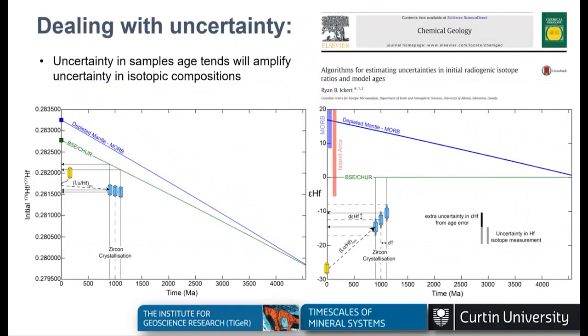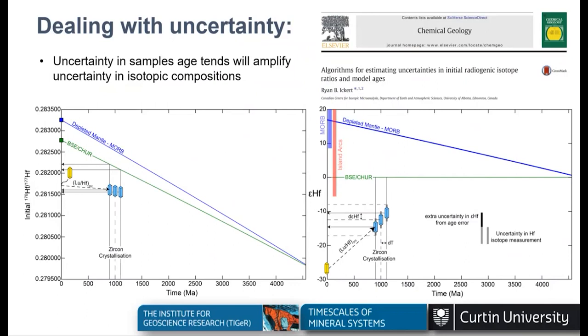Another point to make is there's also uncertainty in the age of the sample, right? And that uncertainty in sample age can have an influence on the uncertainty in your initial hafnium isotope measurement, right? Because of this age correction that's involved. In reality, the age correction doesn't impart a huge amount of uncertainty, right?